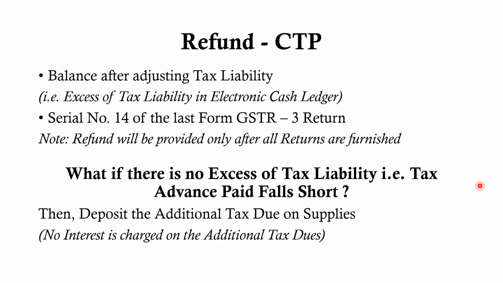Taking an example, if your electronic cash ledger has 1 lakh, but the tax liability has come up to 4 lakhs, so the estimation has gone wrong. This is just an example to help you understand the concept. So in this particular case, what happens?